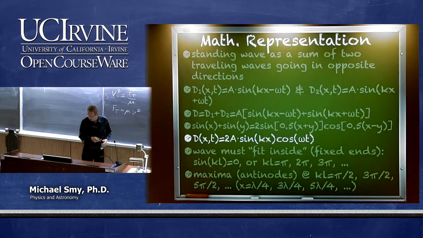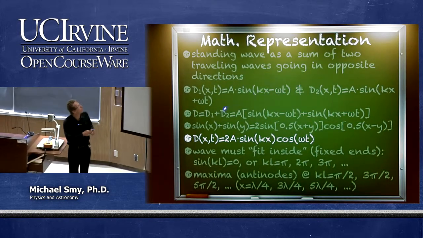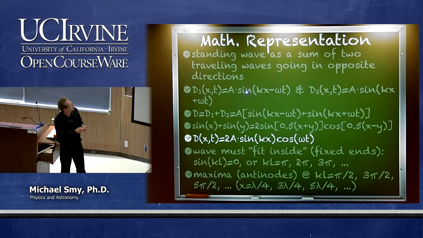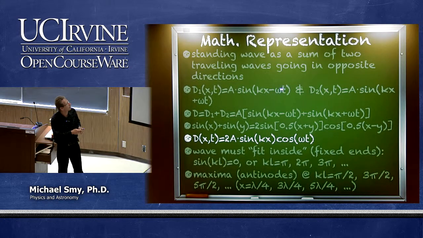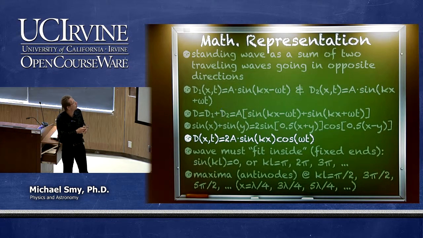So we say that we have two sinusoidal waves. One looks like sine(kx minus omega t), and one looks like sine(kx plus omega t). And we add those two together.